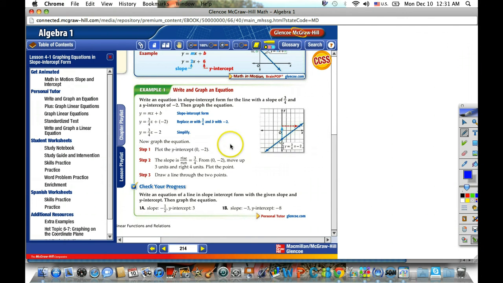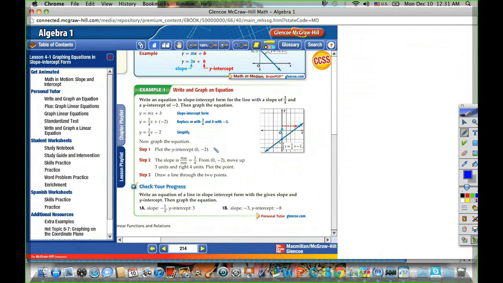Alright, so if they ask you to write and graph an equation, and they're telling you, write an equation in slope-intercept form for the line with a slope of 3/4 and a y-intercept of -2. Again, your m is your slope, your b is your y-intercept.